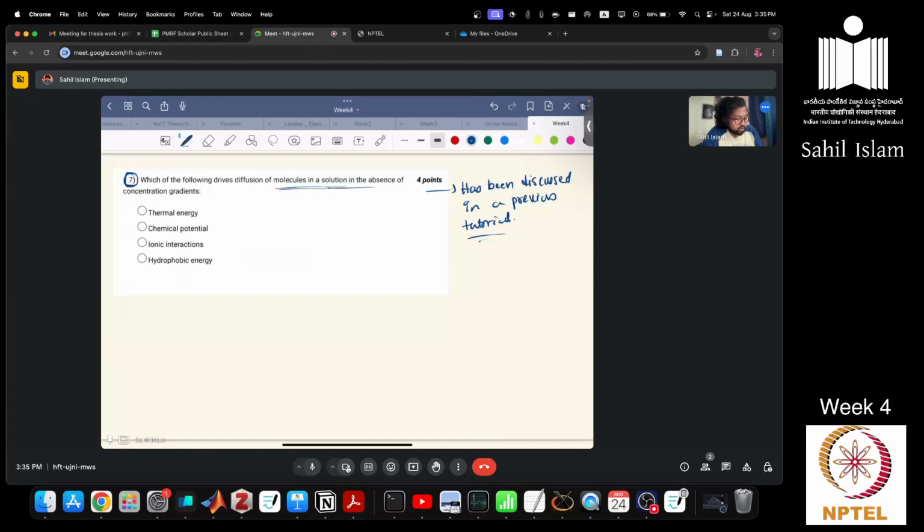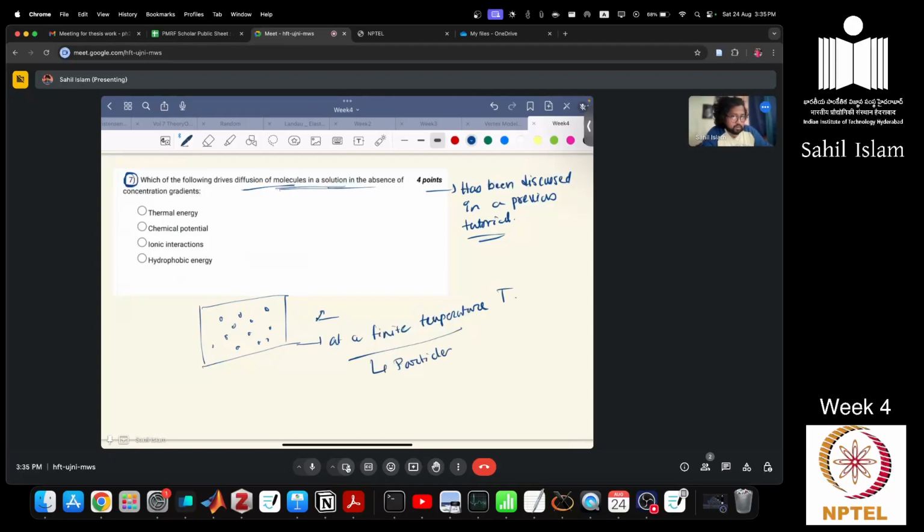Diffusion of molecules involves Brownian motion of particles. Let's say you have multiple particles in a box, at a finite temperature T.